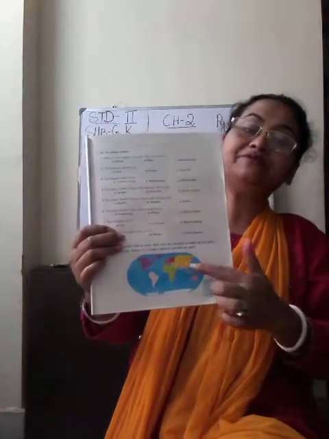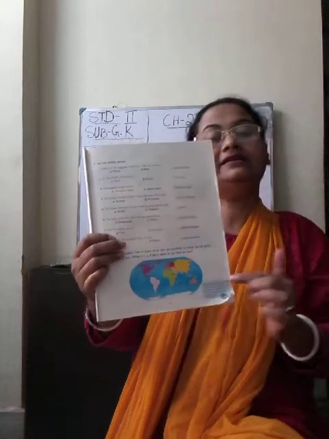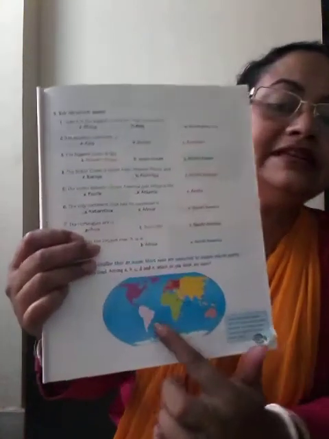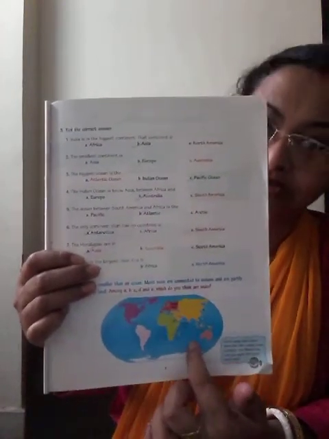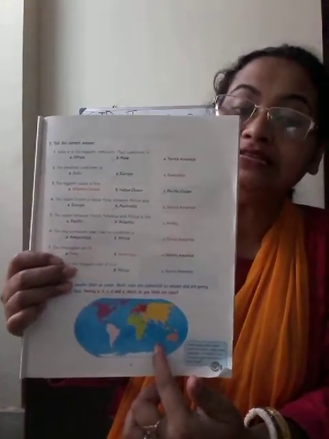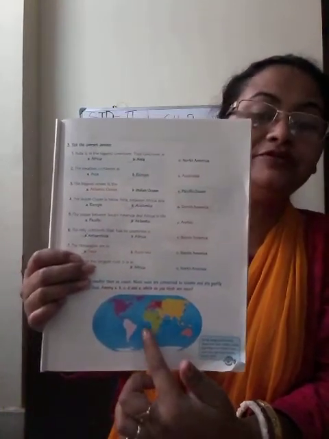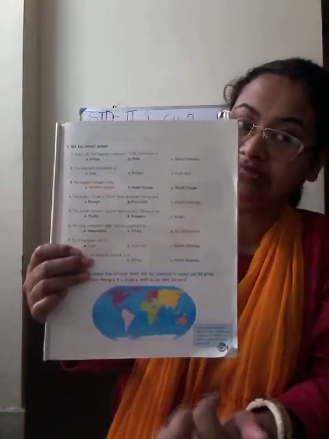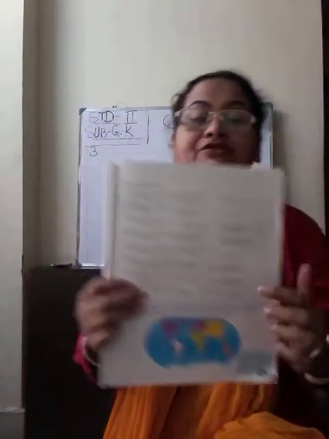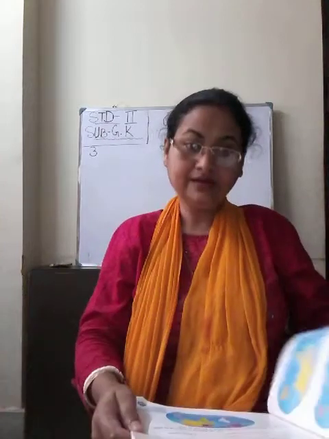You have to tick A, B, C and E, and put a cross on D, which is not a sea, as it is an ocean. We have also completed page number 3 of chapter 2.